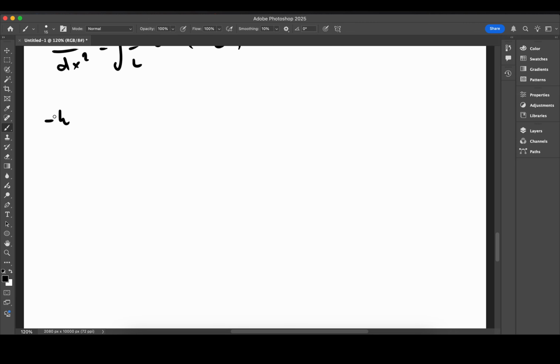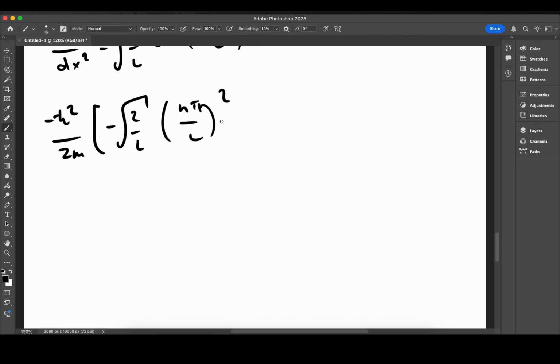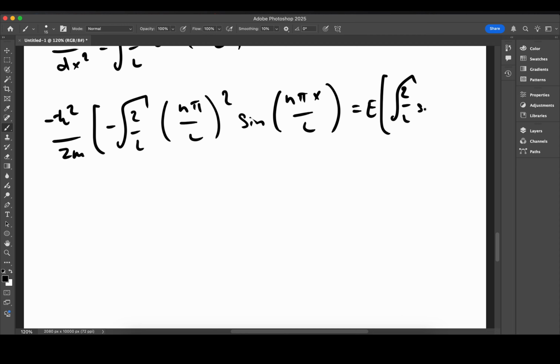So now we get negative h bar squared over 2m, and I'm just going to throw everything in these square brackets, and this is n pi over L squared, sine of n pi x over L, equal to E times root 2 over L sine of n pi x over L. Okay, sort of ran out of space there, but we'll see that lots of things cancel.